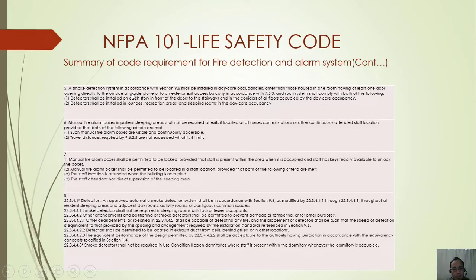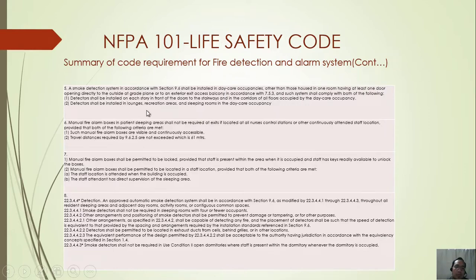A smoke detection system in accordance with section 9.6, again guys, check this in NFPA, shall be installed in daycare occupancies other than those housed in a room having at least one door opening directly to outside at grade plane or on a rear access balcony, such as comply with both of the following.